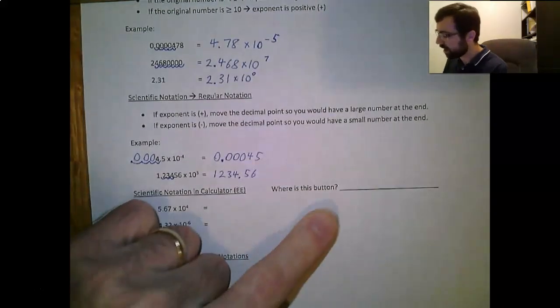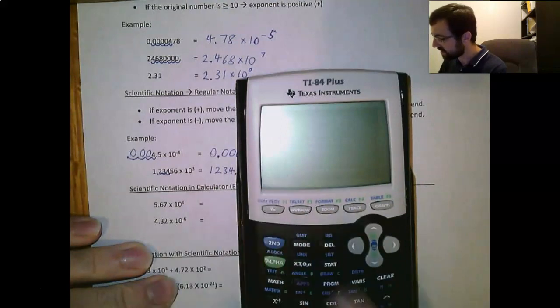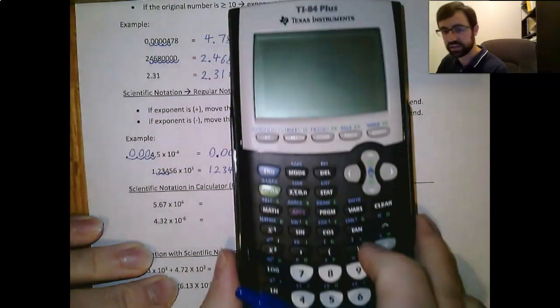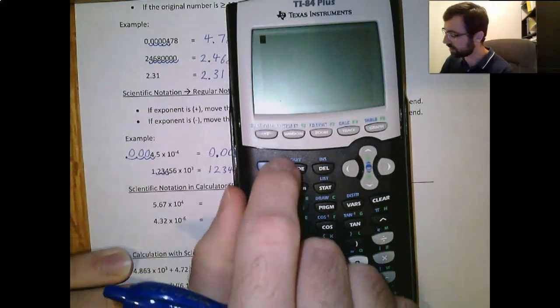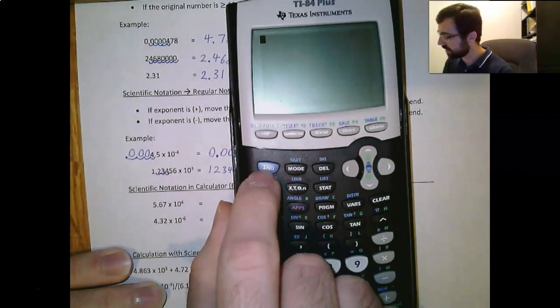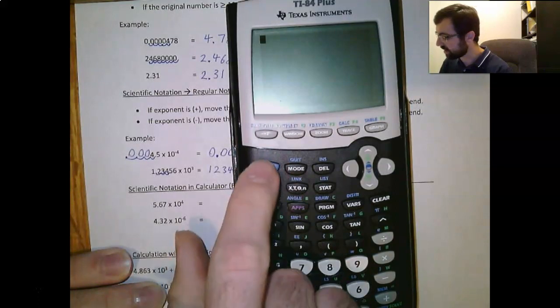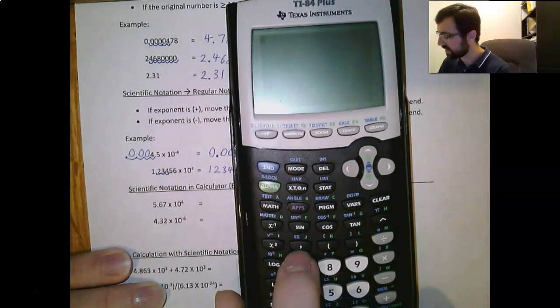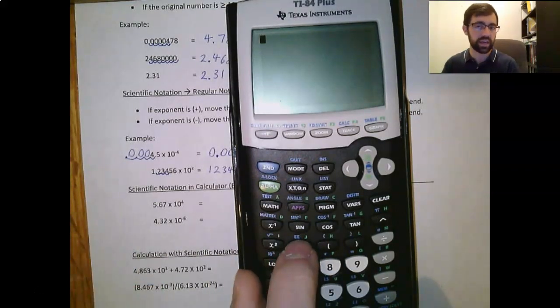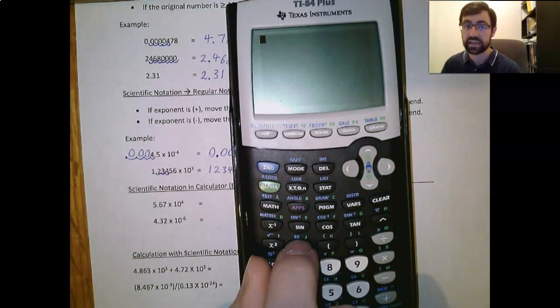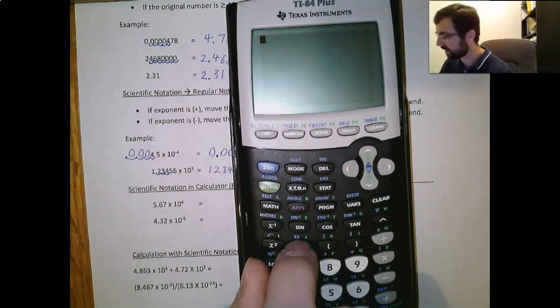The E button on this is the second button, which is usually a blue button or a yellow button, top left-hand corner that says second. You're going to push that and then you push the comma. See the blue EE above it? Capital E, capital E. This is different than the lowercase e. You need to make sure you're using that E button in your calculator.